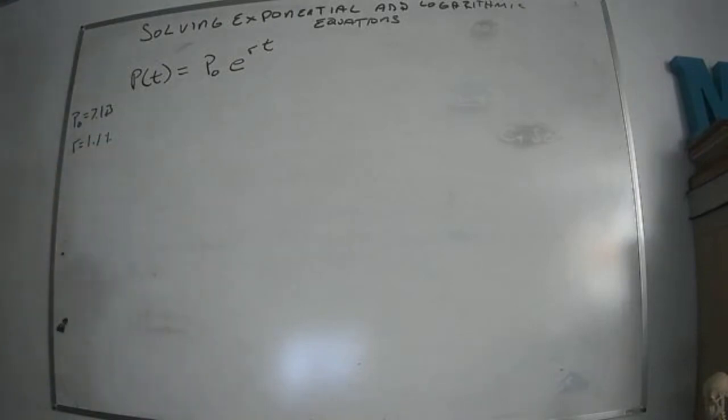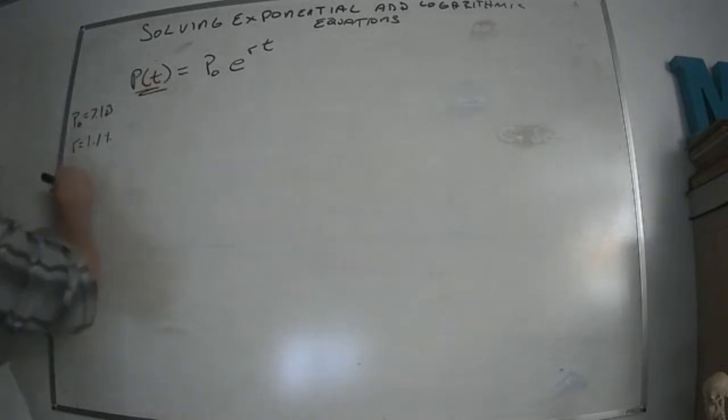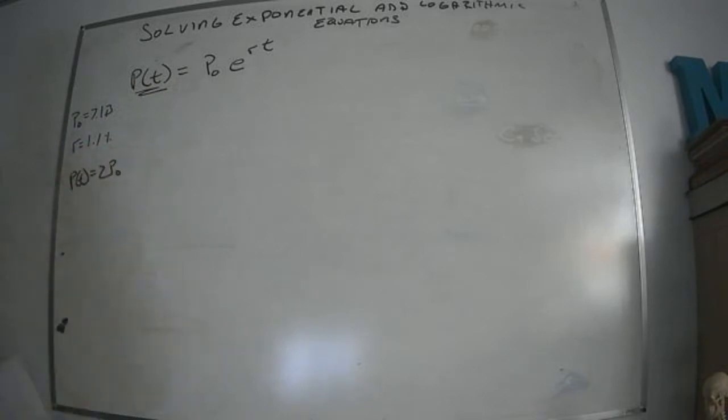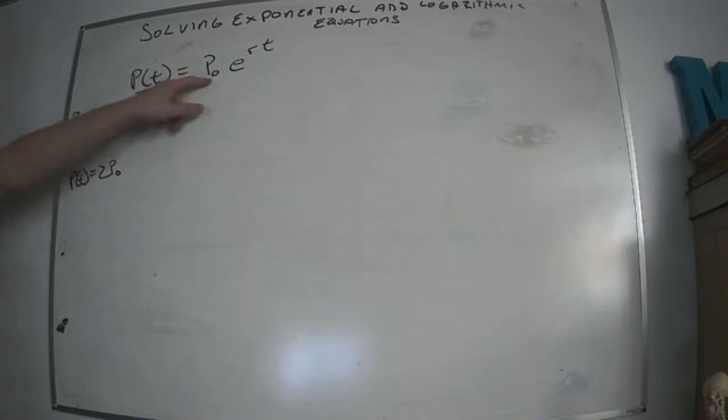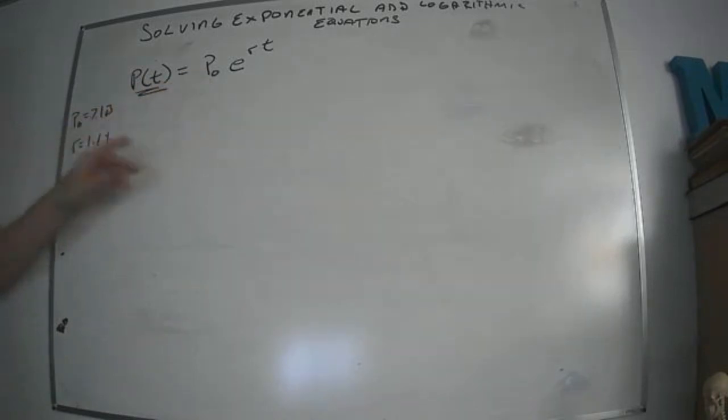And we're asked to find how long it takes to double. Now, double means we want P of t equal to twice the initial. And because this is going to be in terms of this given, we don't need to worry about what P of 0 actually is.